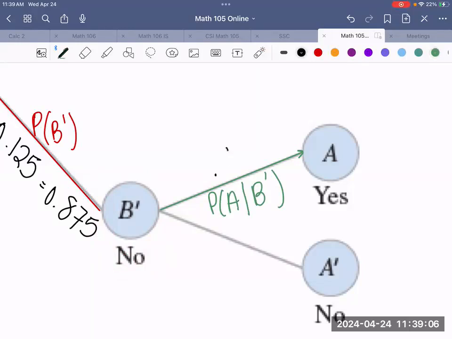So if we know that the probability of A, given that we didn't see the ad, is 0.1, then the other side of it is what? The probability that we didn't buy the game, given that we did not see the ad. 1 minus 0.1 is equal to 0.9.